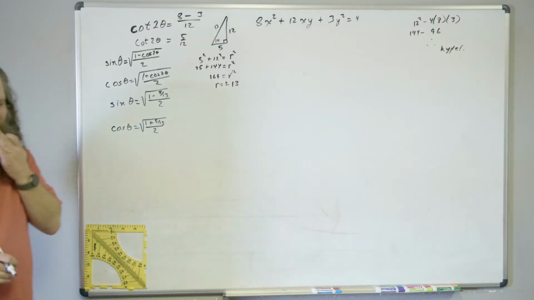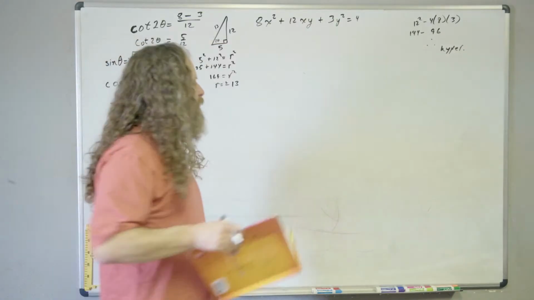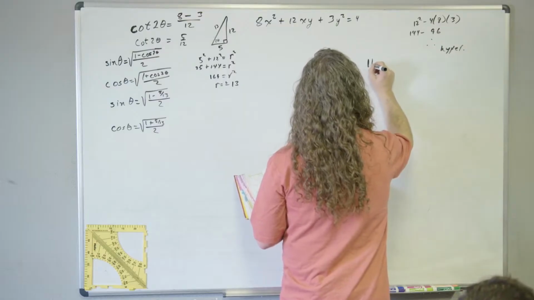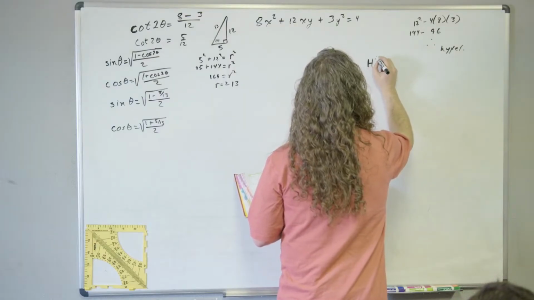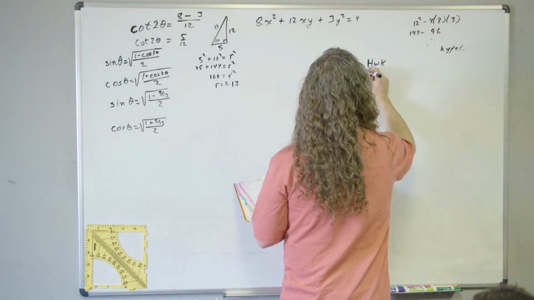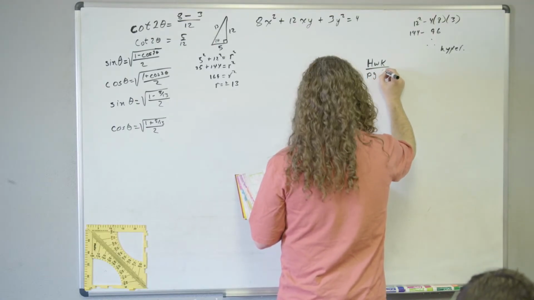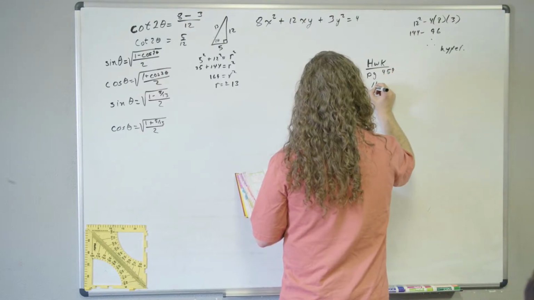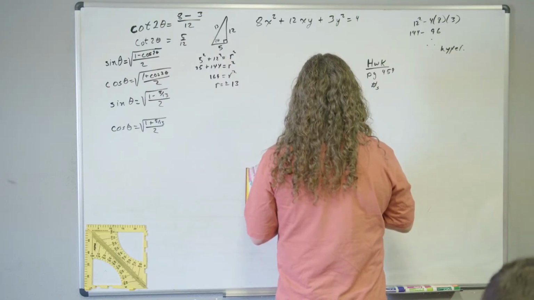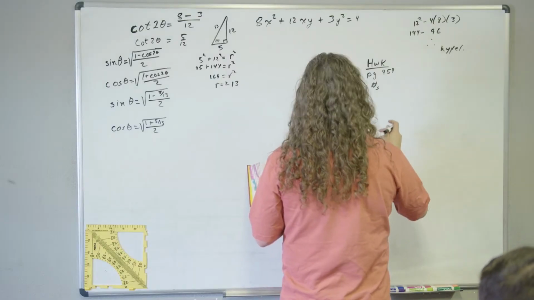All right. Homework. Page 159. We need to split this one up into 2, and I don't have that set up well. Pages 2 through 10 evens.